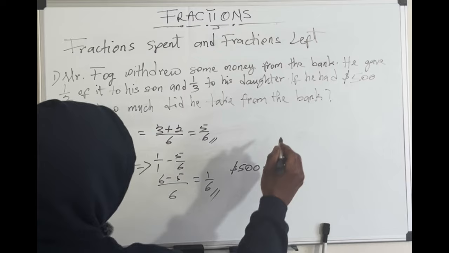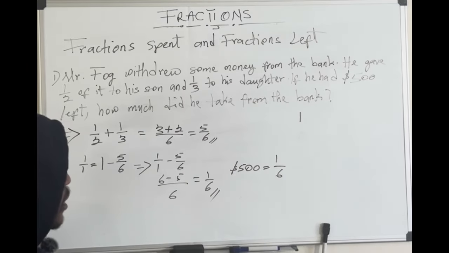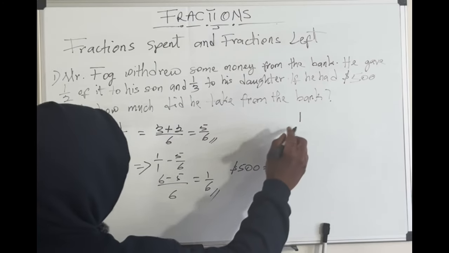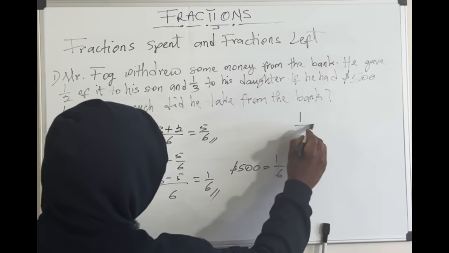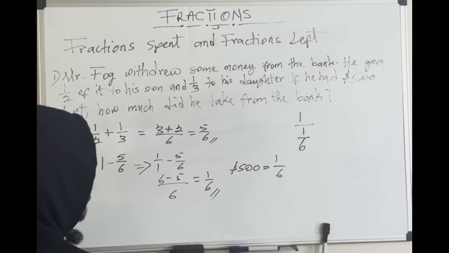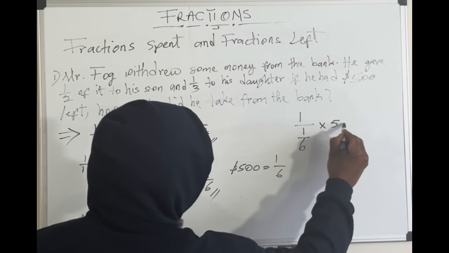So again, we want the whole number, which is the whole money Mr. Fogg took from the bank. So we will represent it with 1 over the 1 over 6, and then we will multiply it by $500.